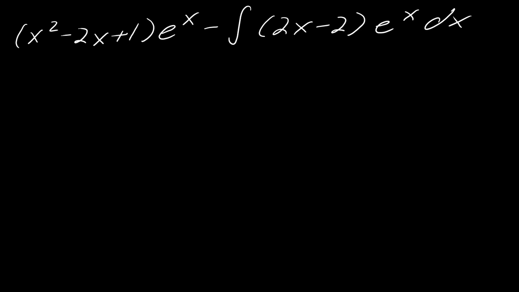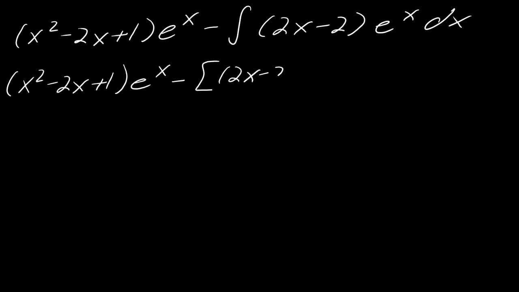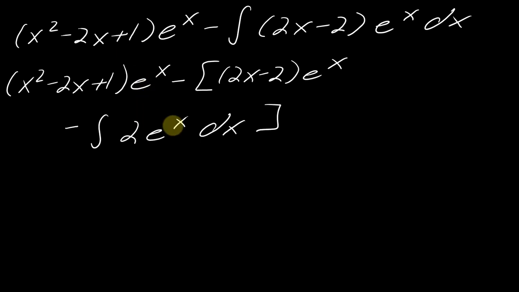I'm going to have this x squared minus 2x plus 1 times e to the x. Now I repeat this: I have my uv, which was 2x minus 2 times e to the x, minus v du. That's going to be 2 e to the x dx. And now this I can just straight up integrate.